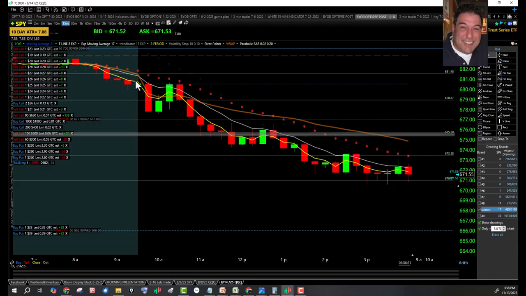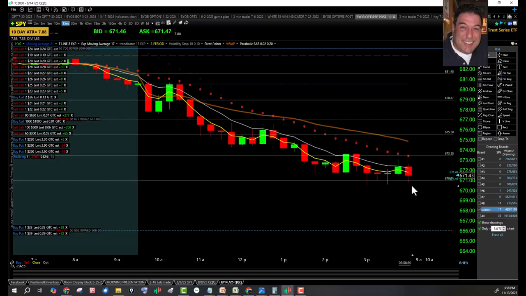So 15-minute downtrend all day. You can see daylight from the time price opened until the time price closed. We're closing the day at the low of the day.